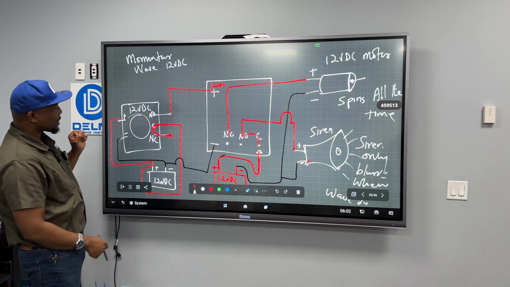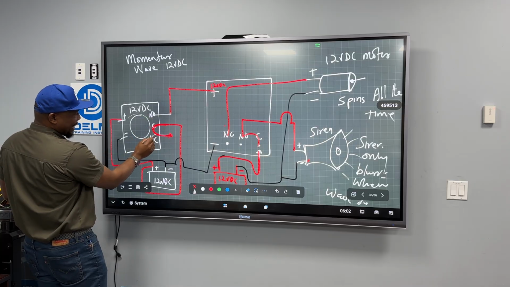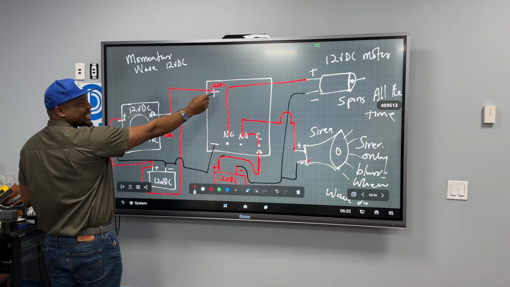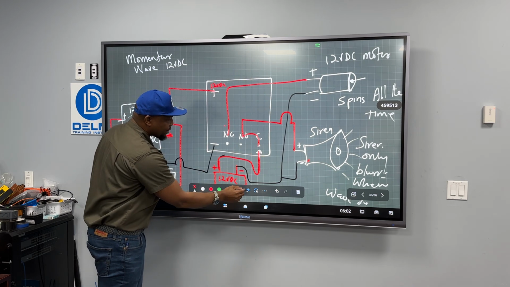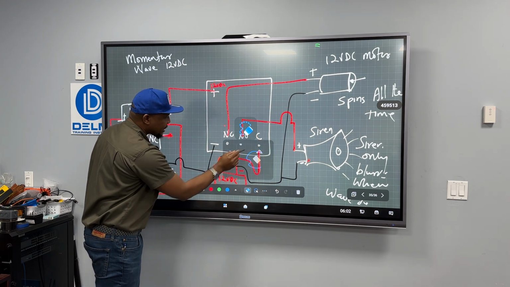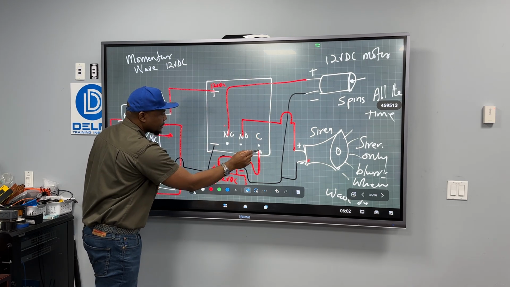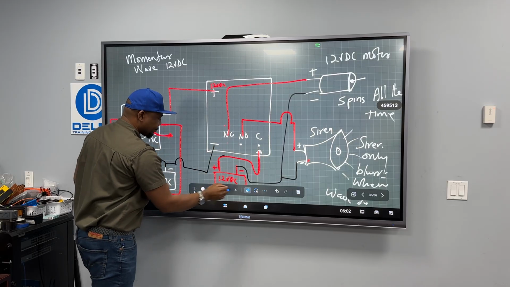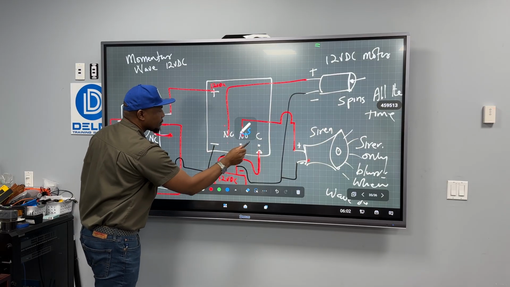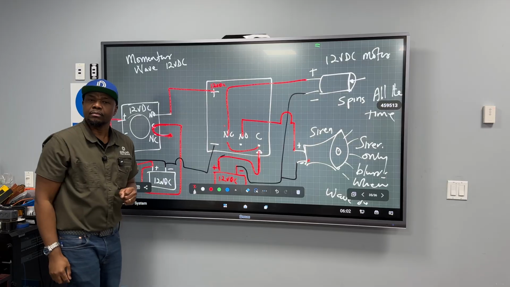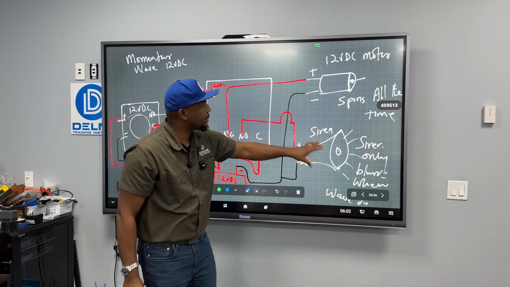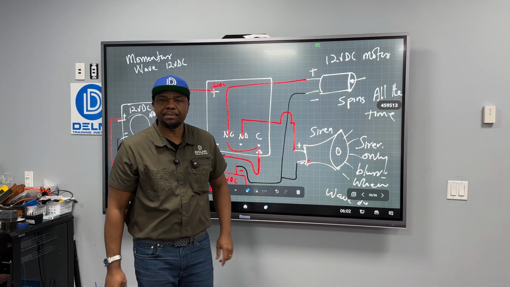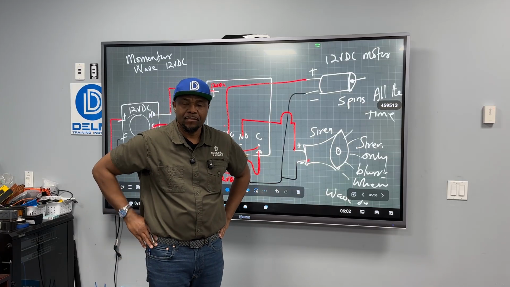If I take my hands off, now this comes back to the normally closed. This doesn't receive power anymore. And the voltage is taken away from here and is brought here. That is just what is going to happen. And at that time, the siren is going to stop and the motor is going to start spinning. Are we clear?